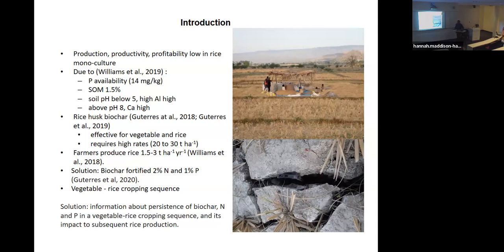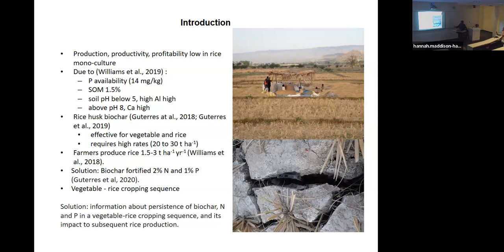And then in 2020, a research consortium, including the National University of East Timor, the Ministry of Agriculture and Fisheries, and an ACIAR funded project based in East Timor, came up with a new formulation. That is using low biochars, fortified with 2% N in the form of urea, plus 1% P in the form of superphosphate.